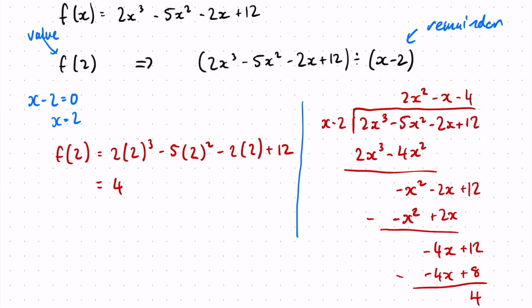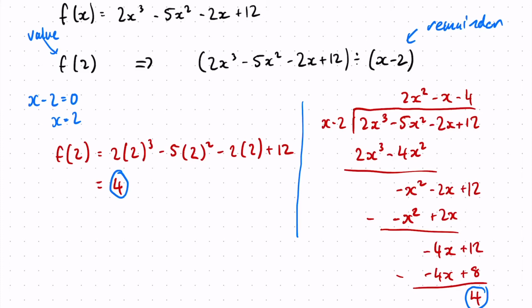So as you can see, the remainder is the same as the value if I had substituted 2 into there. So that can be really useful if you want to quickly find what the remainder will be, and it will also be helpful later on when you look at some problem solving questions, when you know the remainder when a certain thing is substituted in and you might need to find an unknown value in the original equation.